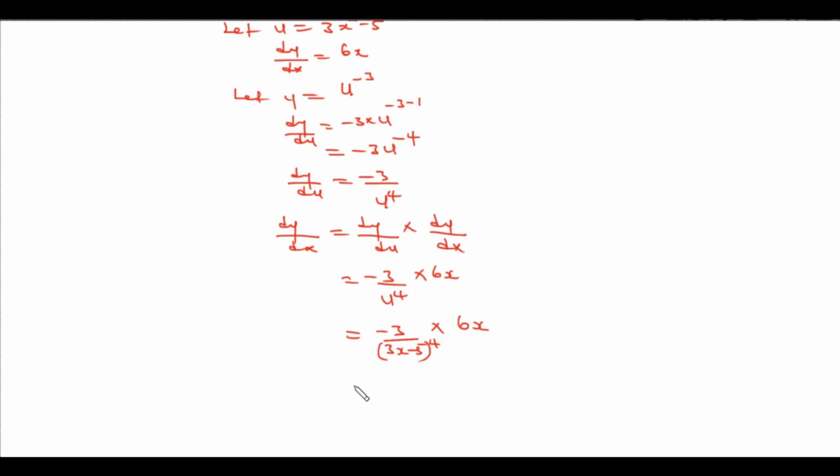Here if we multiply, minus 3 times 6x gives you minus 18x, and then you write (3x squared minus 5) all raised to the power 4. So this is our answer for this question.